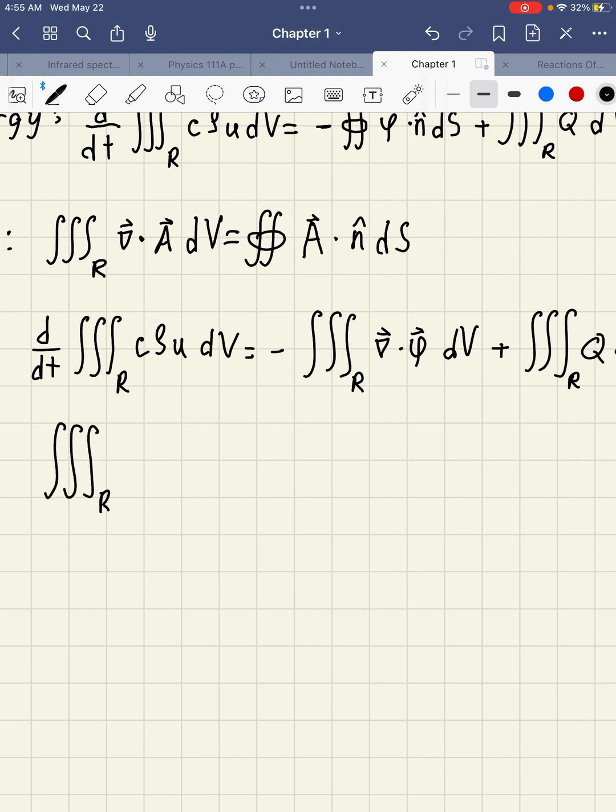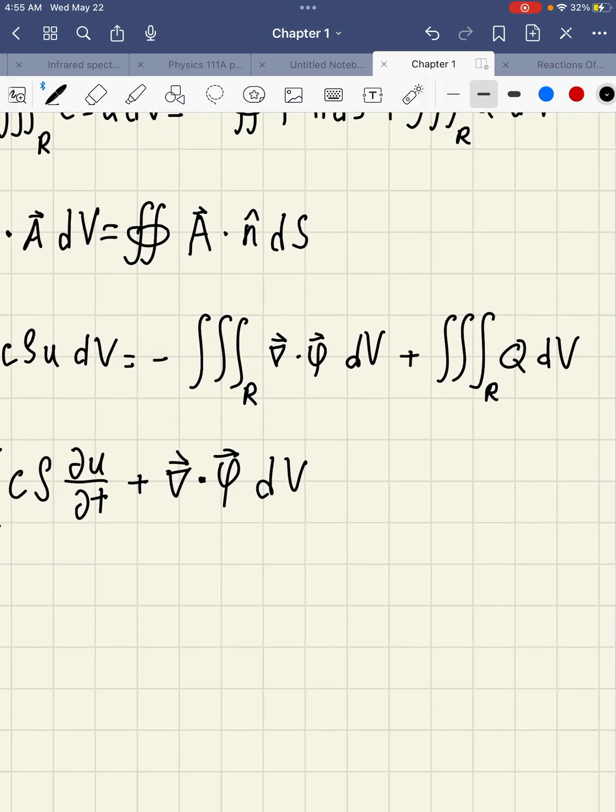So therefore I have c rho partial u partial t plus the divergence of my vector phi, dV, minus Q dV, is equal to 0.